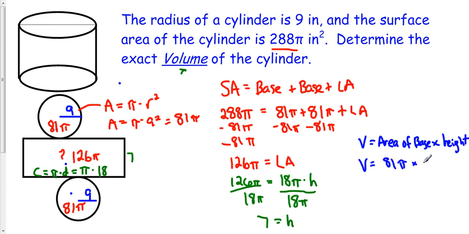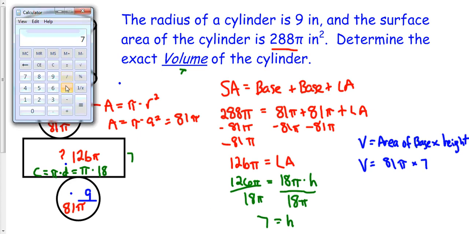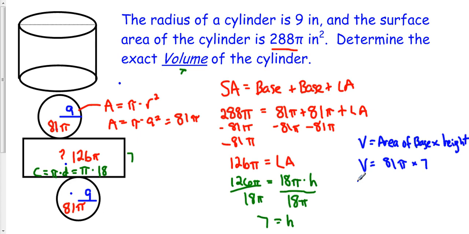And we just figured out the height, that's 7. So if we take 81 times 7, we get 567. So my volume on this thing is 567 pi inches cubed. That would be our exact volume.